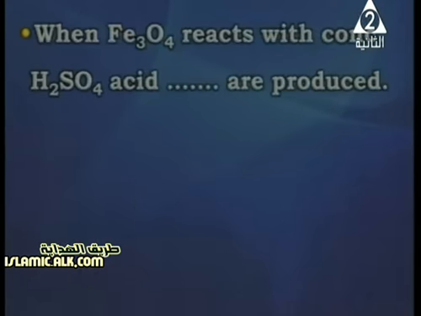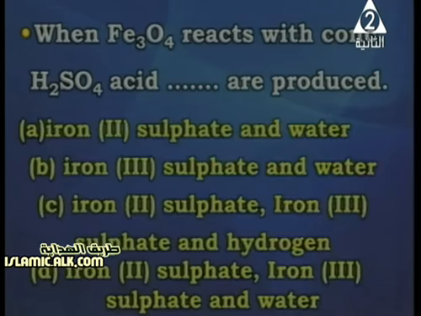Next point, when magnetic iron oxide Fe3O4 reacts with concentrated sulfuric acid, what is produced? Is it iron 2 sulfate and water, iron 3 sulfate and water, iron 2 sulfate and iron 3 sulfate and hydrogen, or iron 2 sulfate and iron 3 sulfate and water?